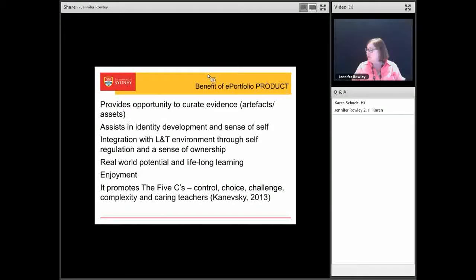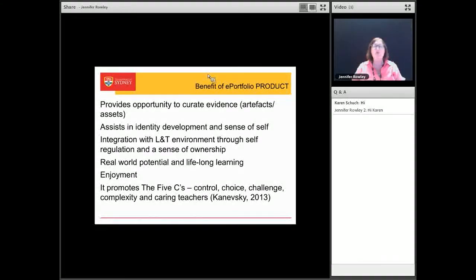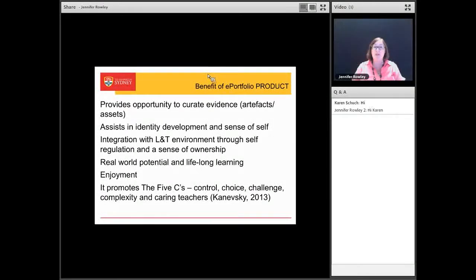I think it's probably also important for you to see how that fits into your specific degree program and subject that you're using. Certainly we've explored the benefit of students mentoring each other, so actually working alongside each other during that portfolio process or the building of the portfolio product.